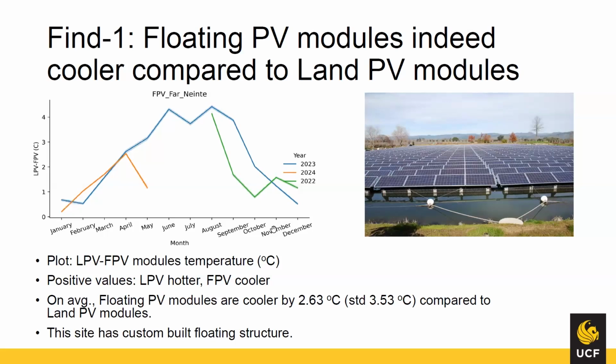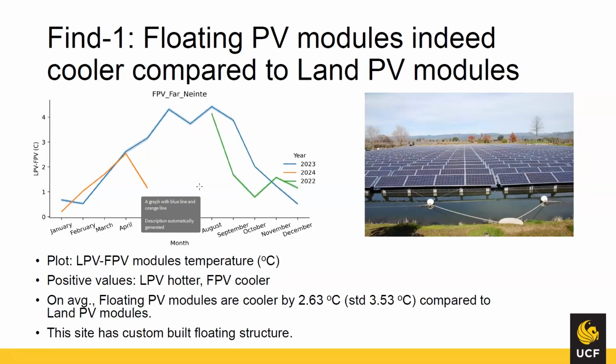And we see for all the months, even for all the years we collected, the value seems mostly positive, which means the floating PV remained cooler. This is more evident at the start and end of the year, where the level of cooling remained around 1 degree C. But as we get into the middle of the year, close to summer, the floating PV is operating much cooler compared to the land PV modules.